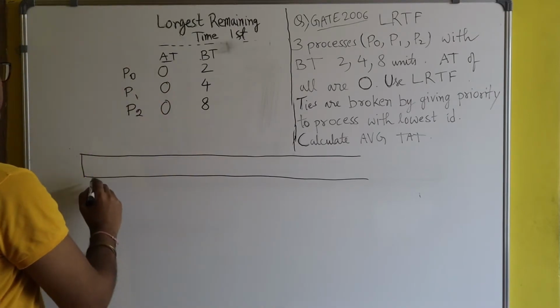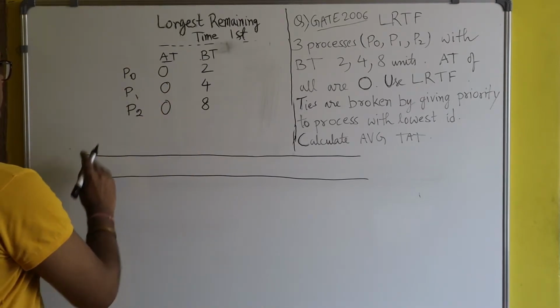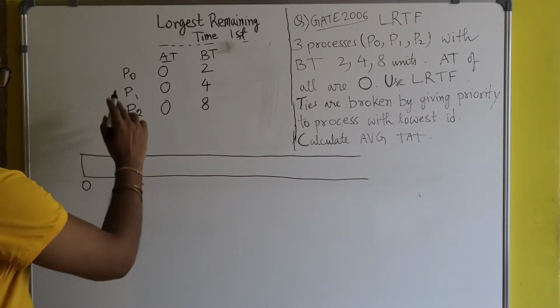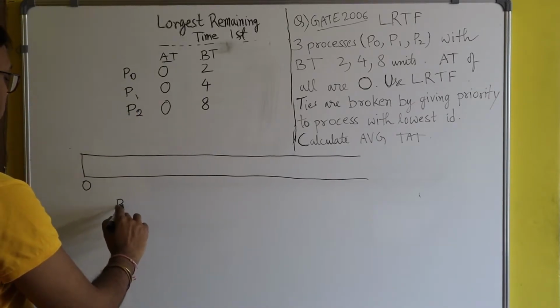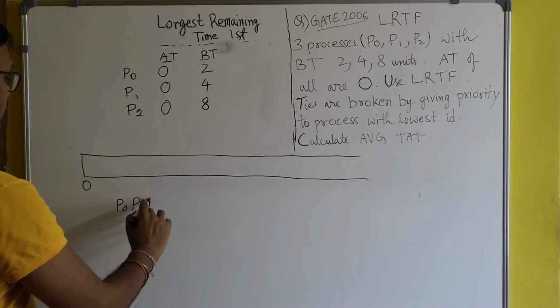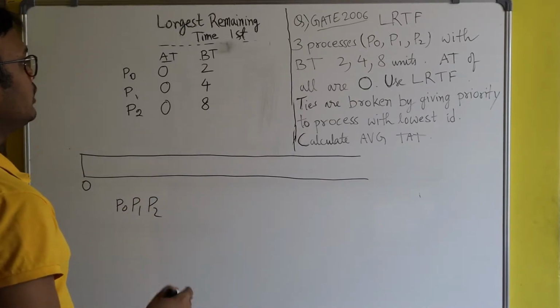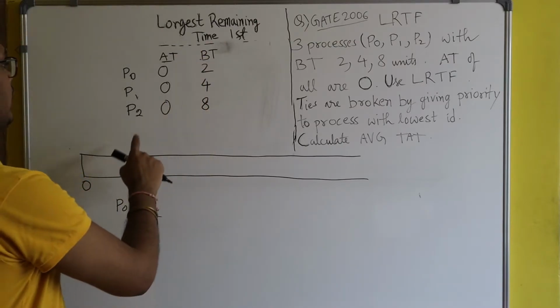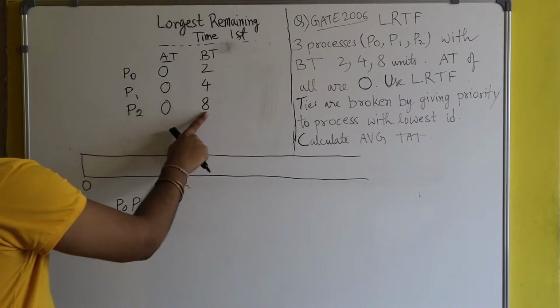At time 0 seconds, all the three processes have arrived. How many available processes at time 0? P0, P1 and P2. Since we are using LRTF, we have to select the process with the longest burst time.